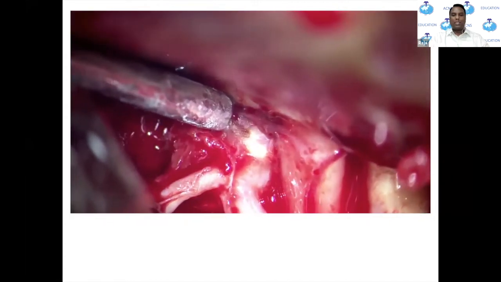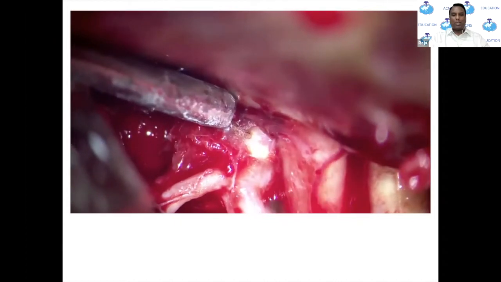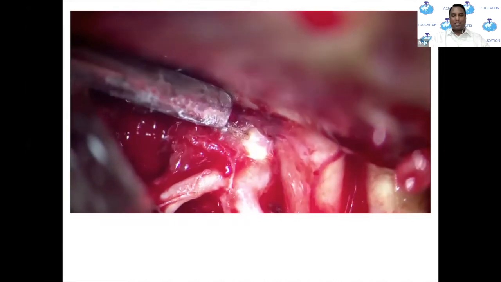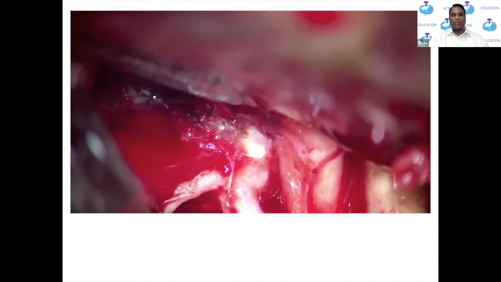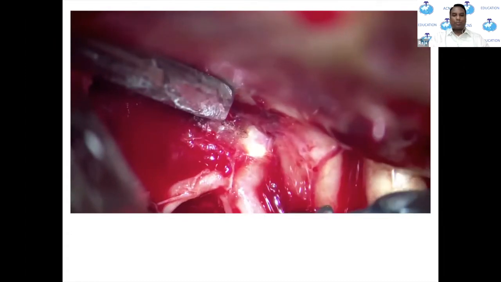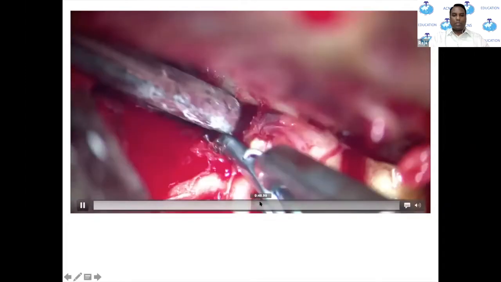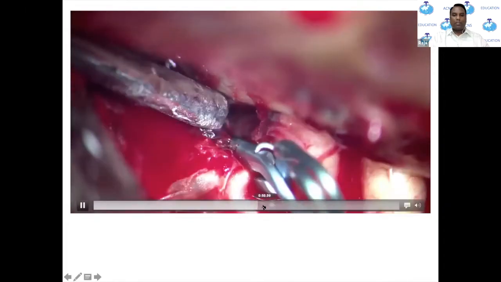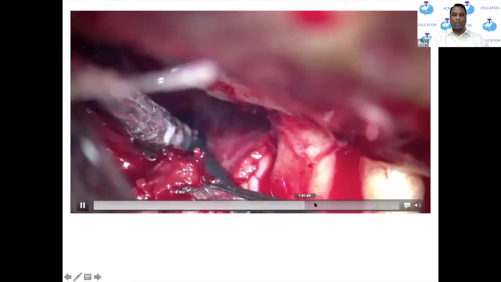Now it may seem that the aneurysm bleeding is controlled, but actually it is not controlled. I have directed that jet stream of blood directly into my sucker. You can very well visualize it. Now again, after this, we put a clip and then dissect the whole aneurysm, which was adherent to the lobe.